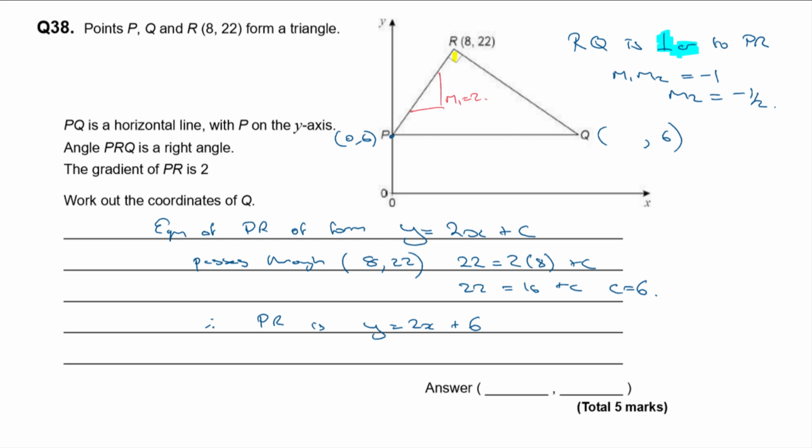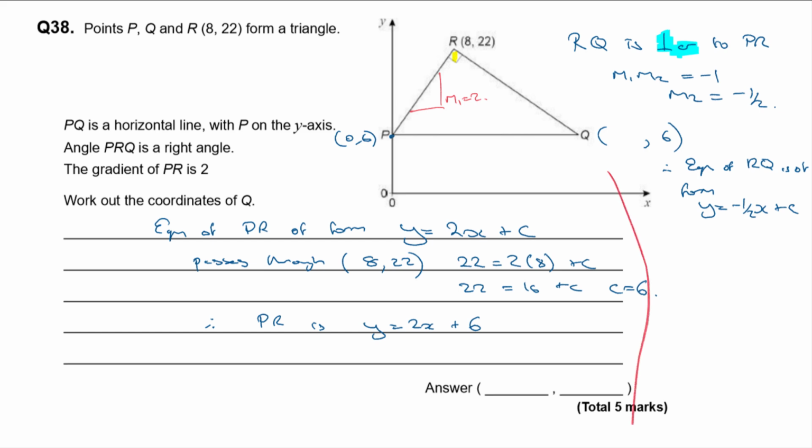So therefore we know that the equation of RQ is of the form y is equal to minus 1/2 of x plus c. Now we need to find the c value of our new equation. Just draw a line down there so I don't get confused with what's what.